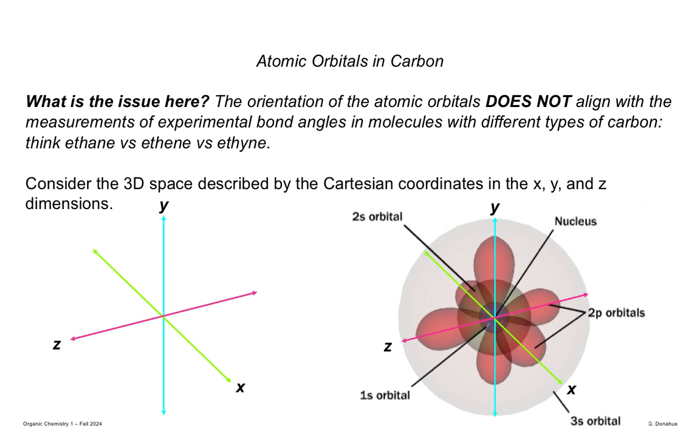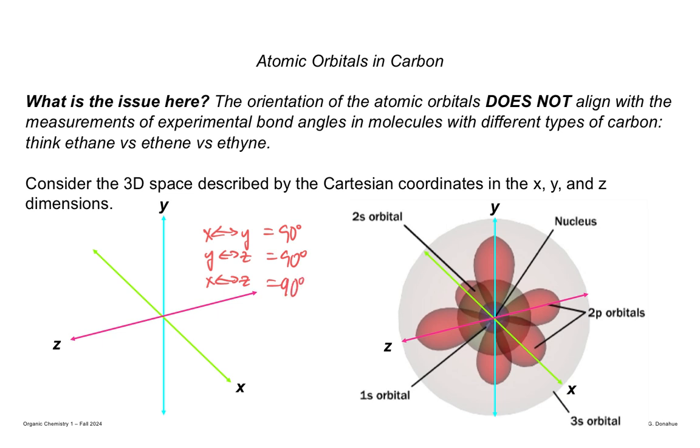So the p orbitals, these axes are 90 degrees to one another. So you have all these combinations, y to z, x to z.